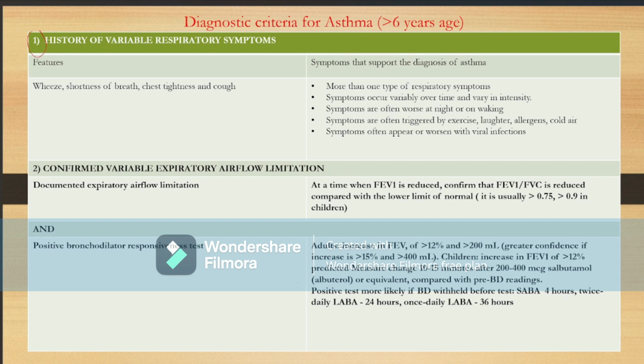First is from the history part. From the history, we have to take 4 main symptoms. If a child has 2 of the 4 symptoms, as I discussed before, that is wheeze, shortness of breath, chest tightness, or cough, then there is a positive history to diagnose asthma.